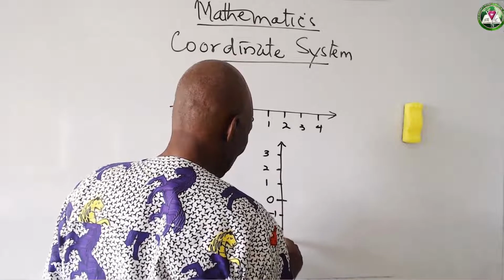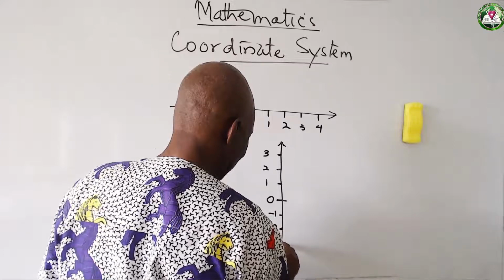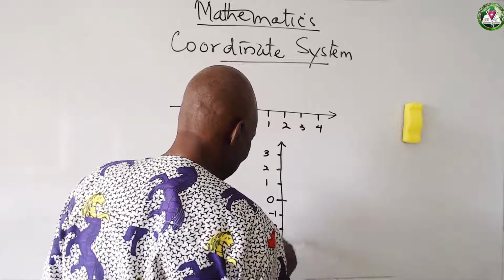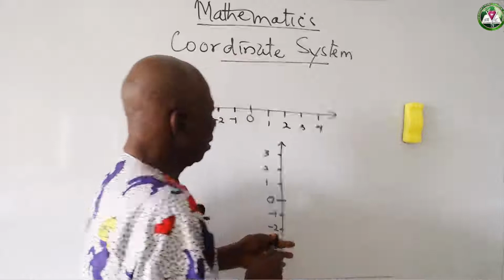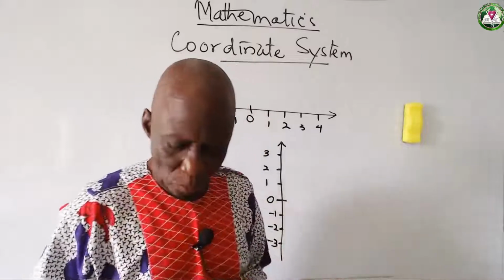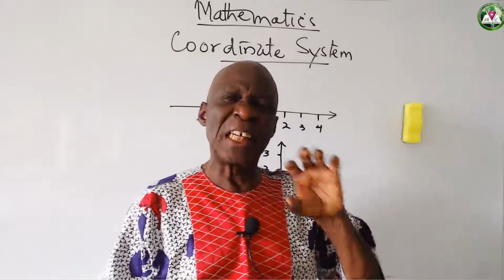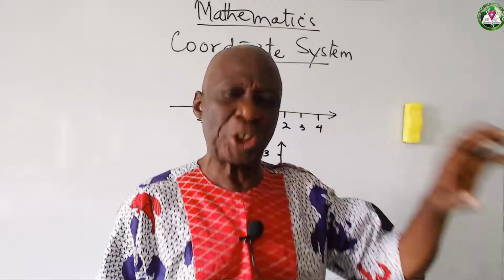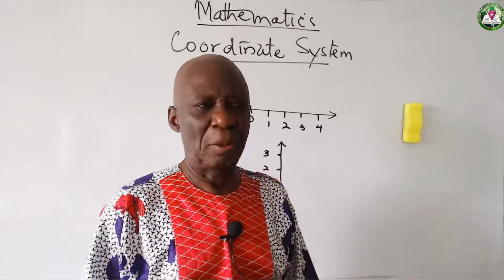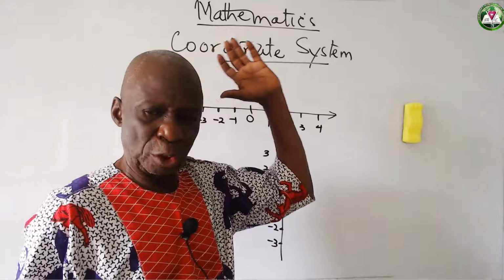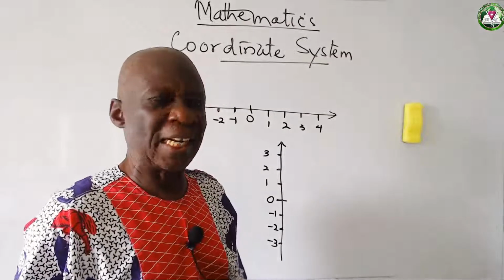Second unit downwards, negative. Third unit downwards, negative. Why are we putting the arrow? We're putting the arrow to show the direction of progression in a positive direction. So for the vertical, upwards is positive, downwards is negative.